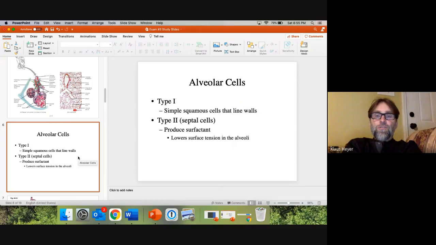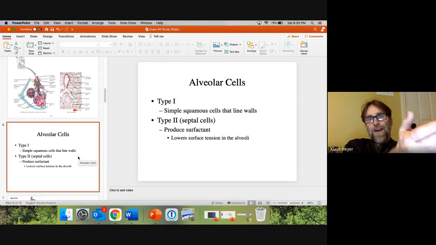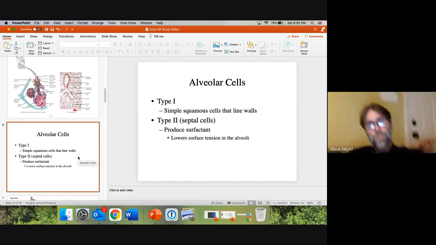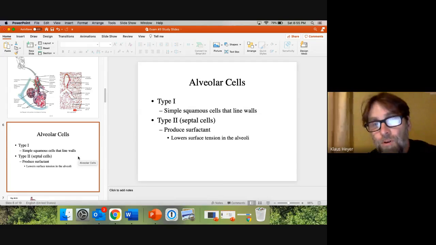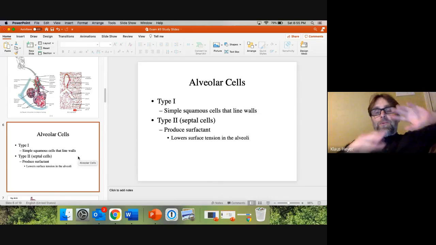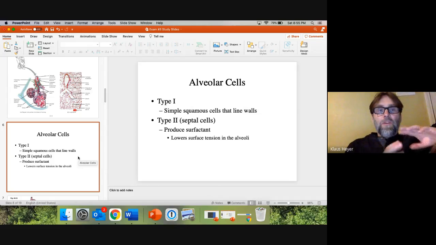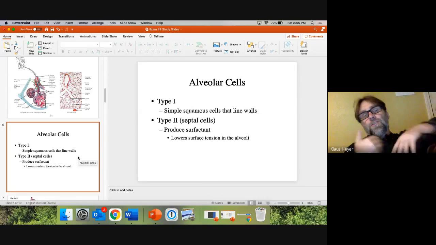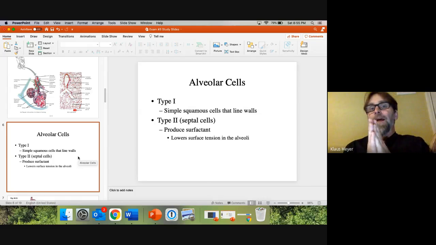Type 2 are septal cells, and they produce surfactant. So that's something that I would like you to know. We have to lower the surface tension, just like I wrote here, in the alveoli, because the walls of the alveoli, you need to keep them moist, but in keeping them moist, you're creating a barrier.